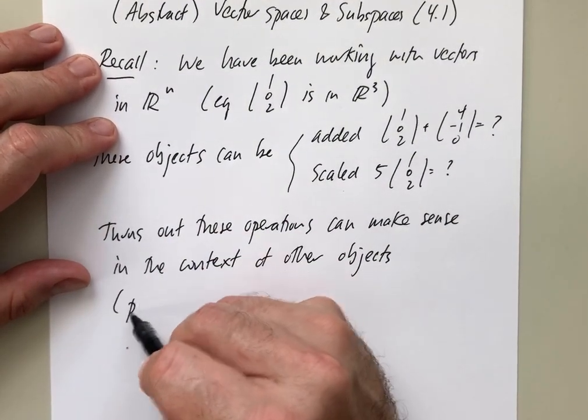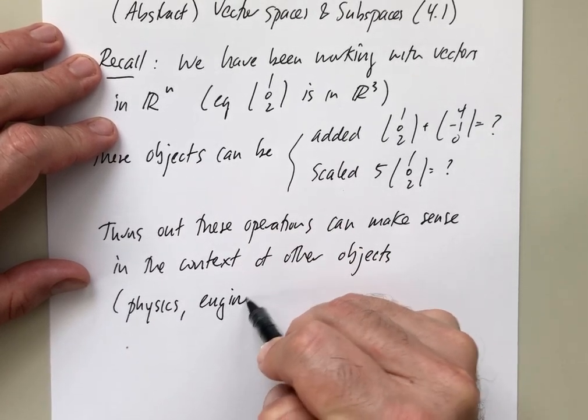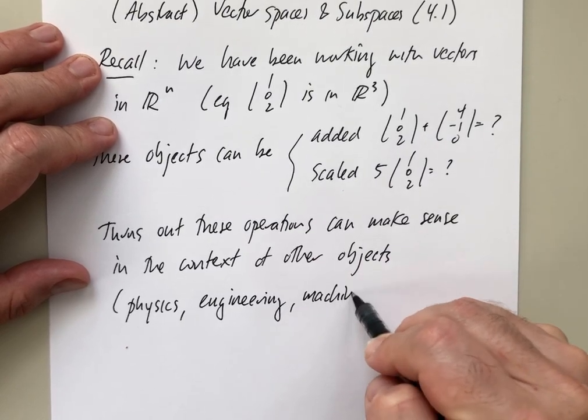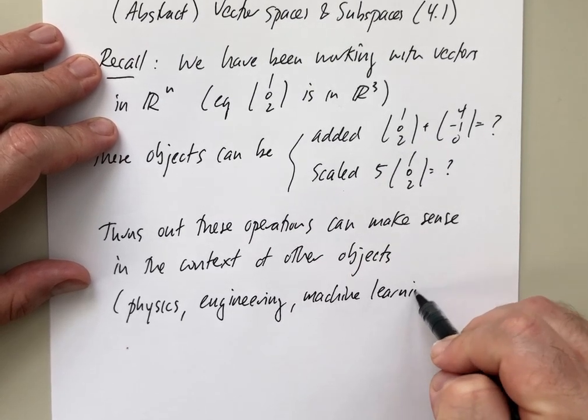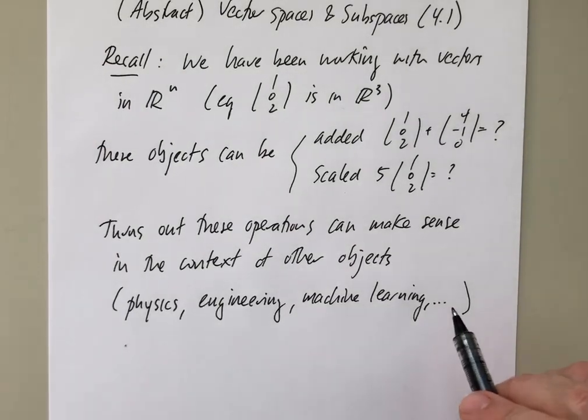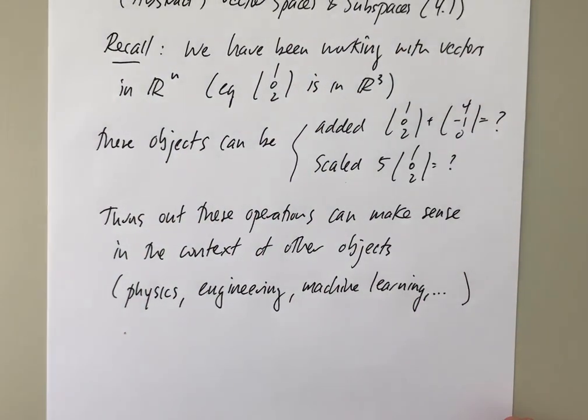It turns out this shows up, for instance, in physics for sure, engineering, maybe more recently machine learning. But whenever you have a world of things where you can add and you can scale, it's going to fit into this world of linear algebra.